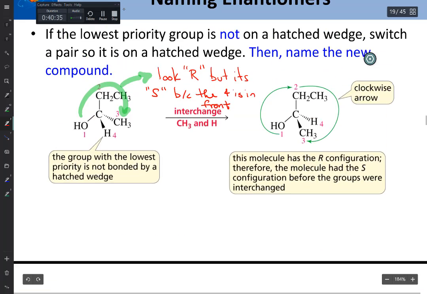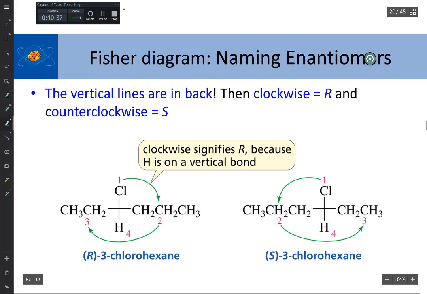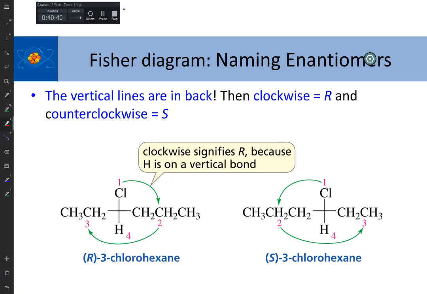Yeah, Fischer diagrams. So you'll notice the assigning of priorities 1, 2, 3, and 4, right? So we did that. And then you draw arrows 1, 2, 3 like this. So you have that arrow going like that. Which way is that hydrogen pointed? Front or back? Back.